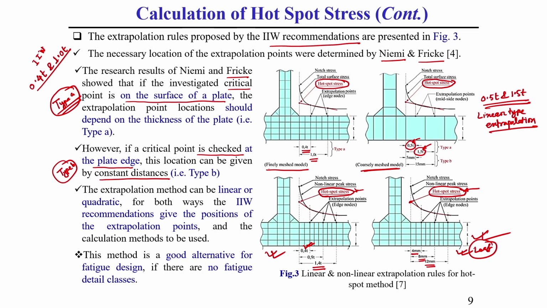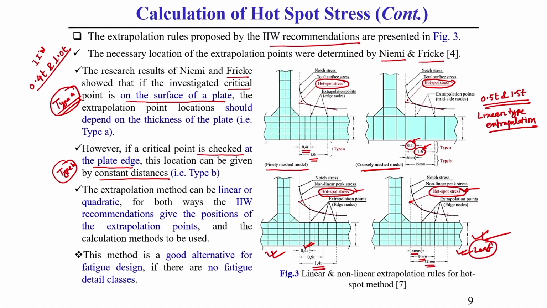One thing you should keep in mind, the extrapolation method can be linear or quadratic, but in both ways, if we calculate the hotspot stress according to IIW recommendation, it gives a more conservative result. If we calculate the hotspot stress based on another standard, like Eurocode, the hotspot stress we get is comparatively a little lesser than the hotspot stress calculated by IIW.